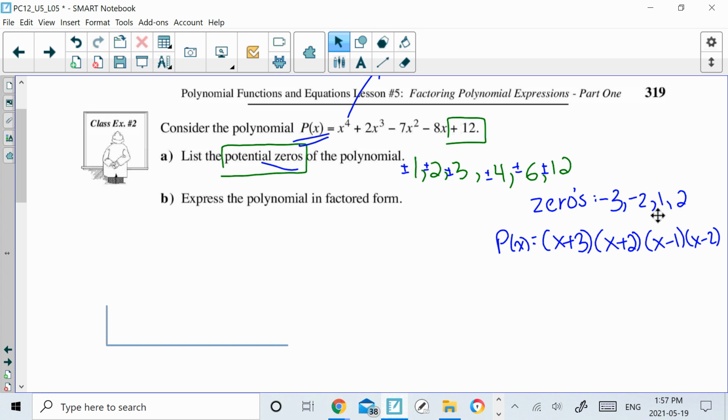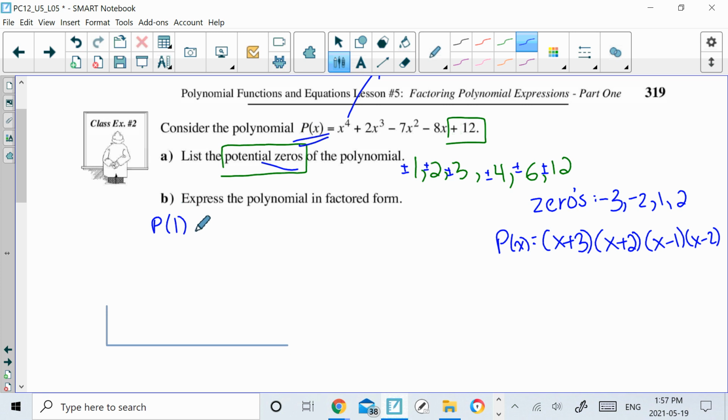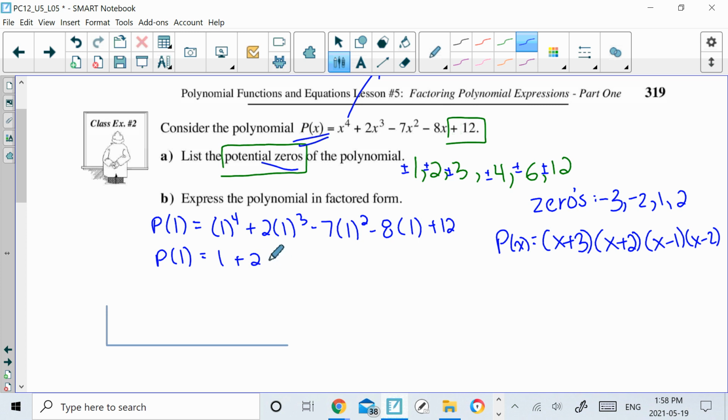So let's choose the zero of 1, and let's write p of 1 is equal to, every time you see an x, input a 1, plus 12. P of 1 is equal to 1 plus 2 minus 7 minus 8 plus 12.